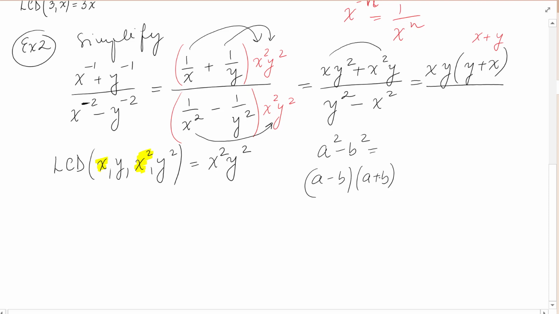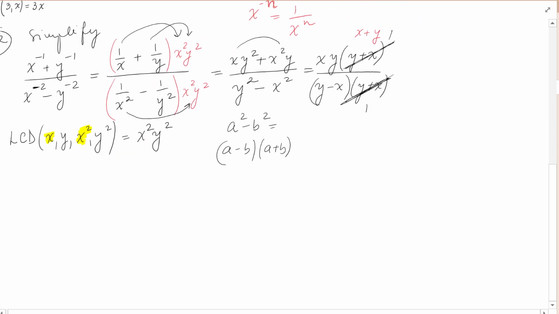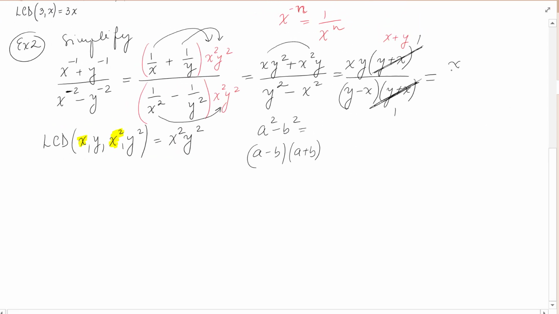So in this case, it's y minus x times y plus x. y plus x divided by y plus x is 1. So we are left with xy over y minus x. Final answer. We cannot cancel more.